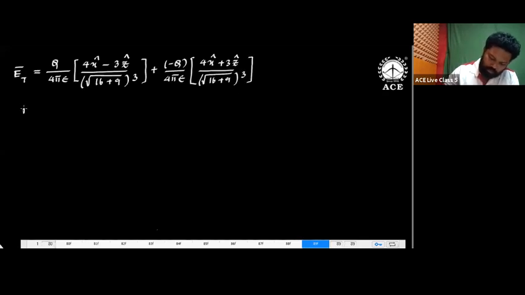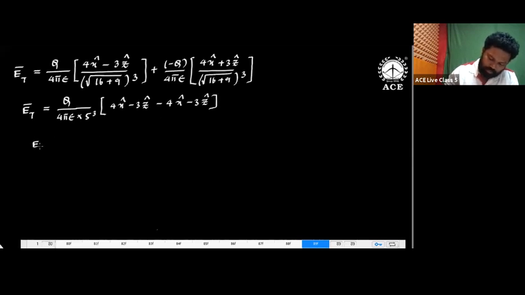Yes, you can directly take this common. Q by 4 pi epsilon divided by 5 cube, into 4x cap minus 3z cap minus 4x cap minus 3z cap.